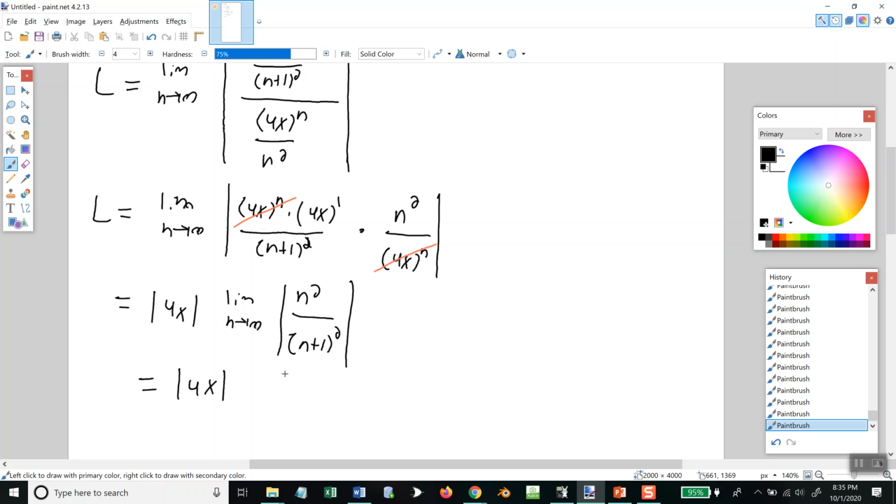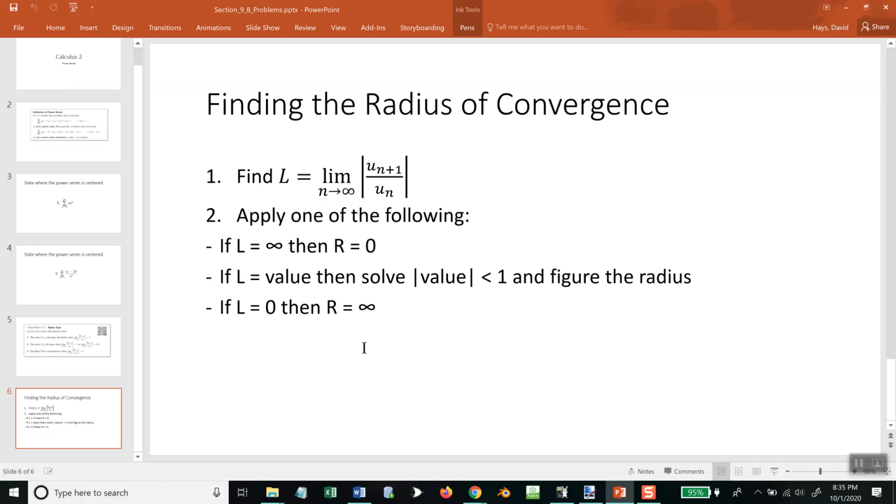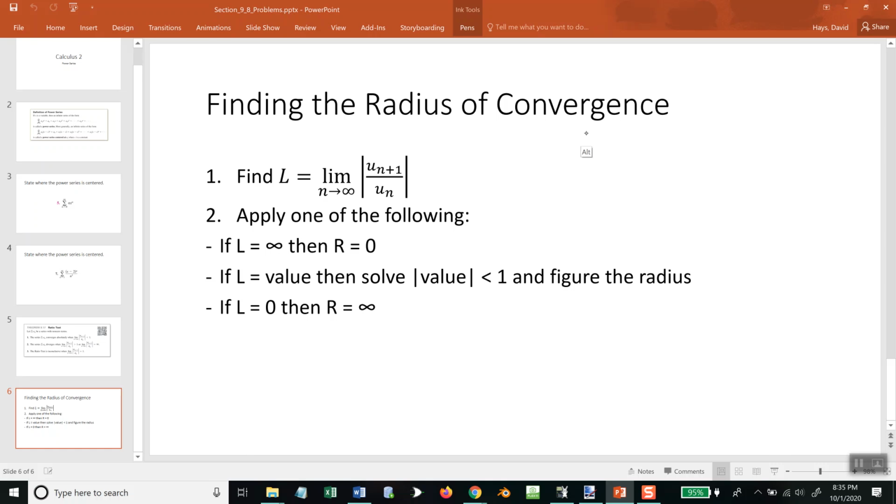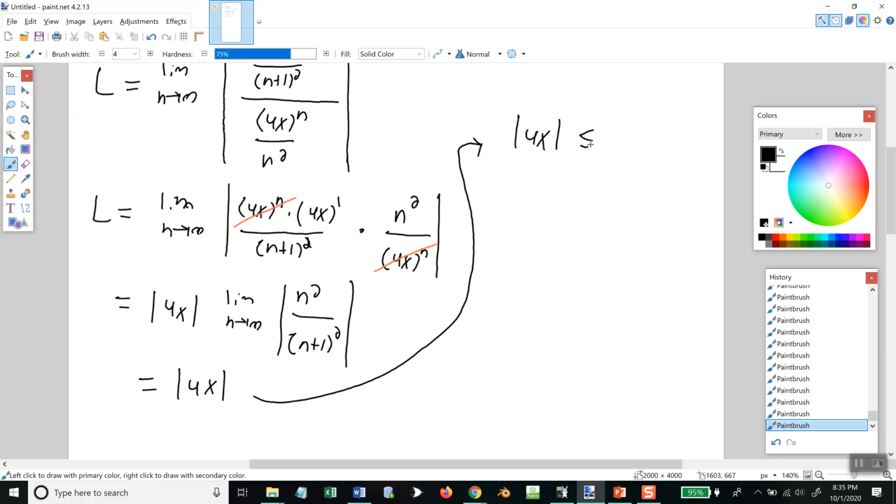So that gives us this, which is a value. It's not 0 and it's not infinity. So that tells us if we have a value, then we plug that value in here. So we got the absolute value of 4x is less than 1. Now, if I were to solve that from college algebra, this would be our P. I'll give you the formula.